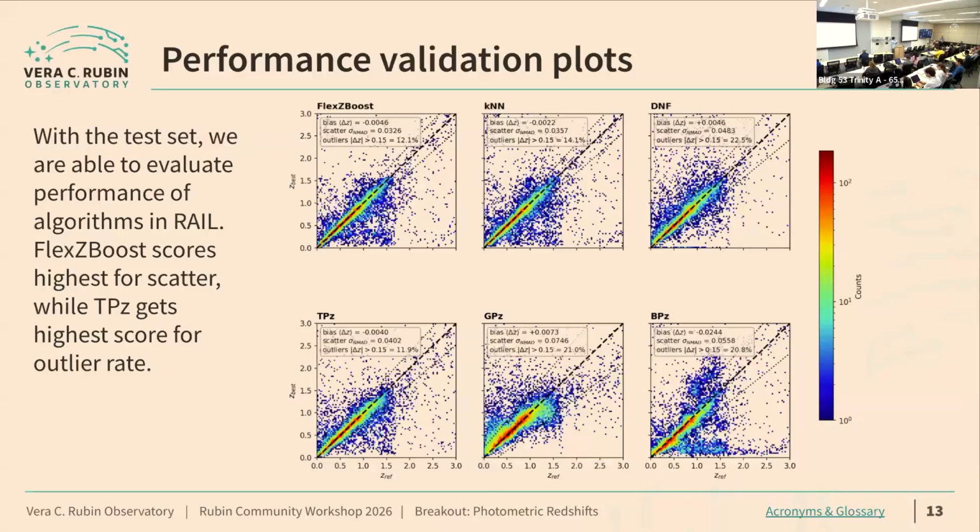So they're placed at different place of the redshift space by different algorithms, but they're mostly faint objects or objects that can have Lyman break or Balmer break solution. So those are the population of outliers.